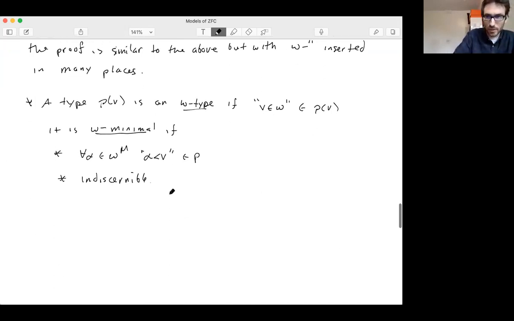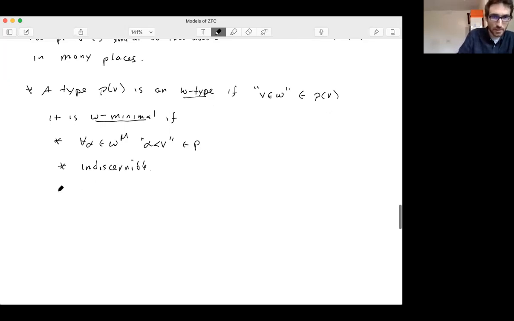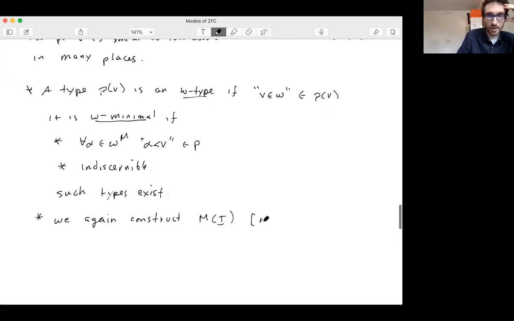And then we again check that such types exist, copying Gaifman's arguments or similar. And we again construct M of I, and we needed the Skolem terms.